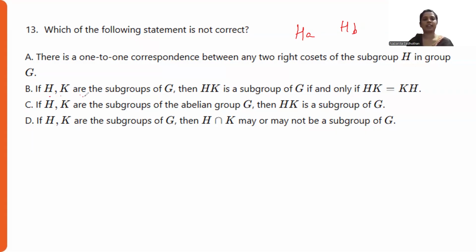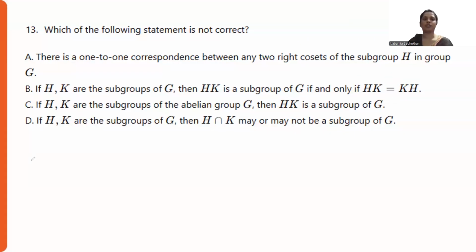If H and K are subgroups of G, then HK is a subgroup if and only if HK is equal to KH. The third one says that if H and K are subgroups of the abelian group G, then HK is going to be a subgroup. If H and K are subgroups of a group G, then H intersection K may or may not be a subgroup.